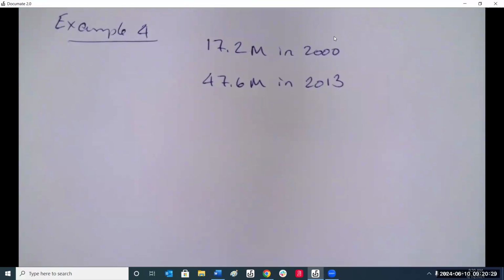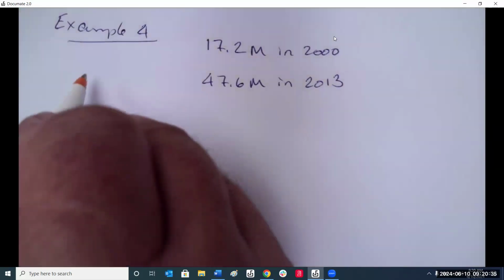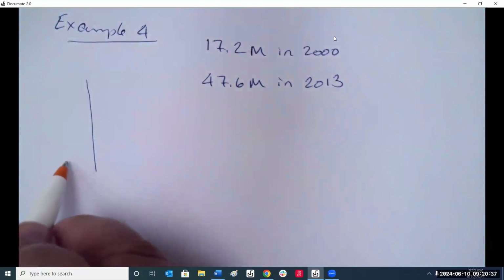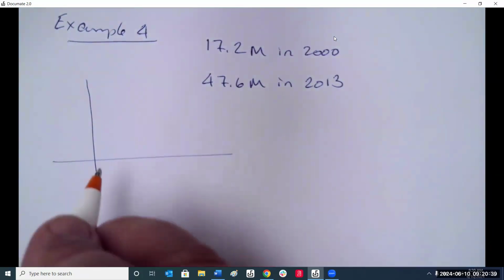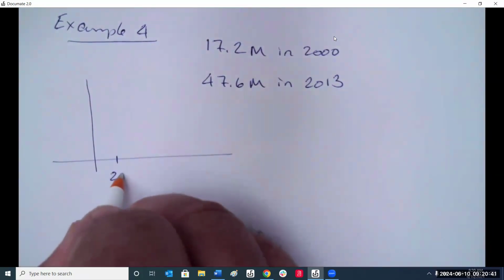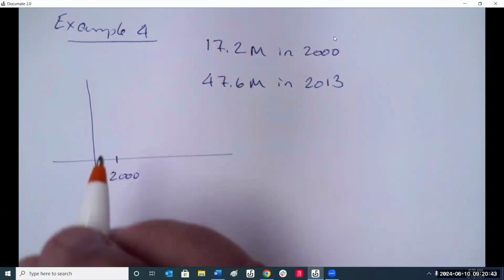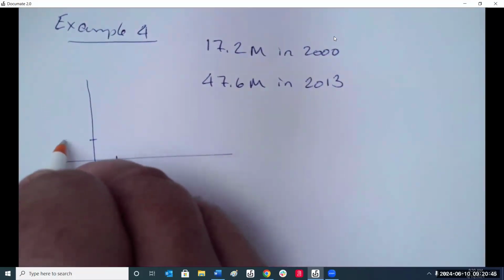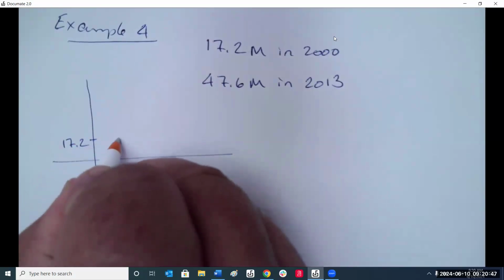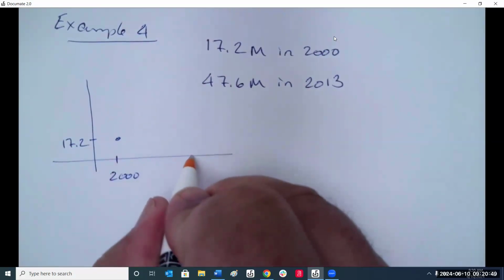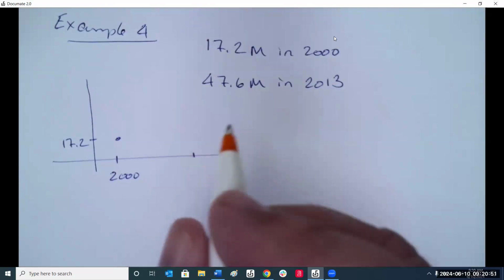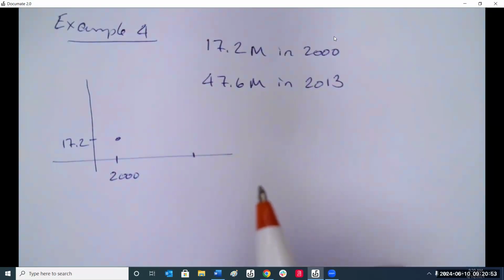What's the average rate of change of that data?